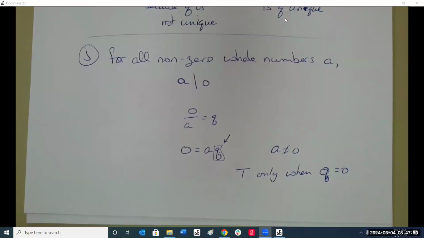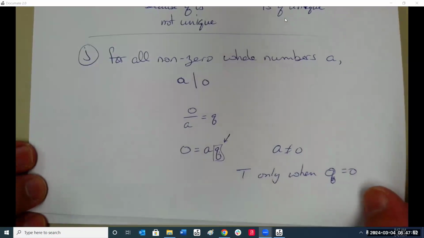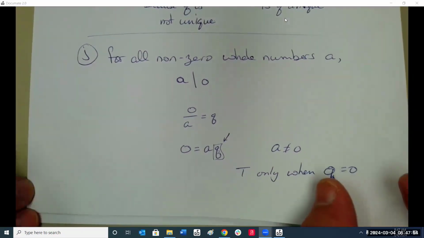So far, so good. So let's look at our next theorem, theorem 4-1.